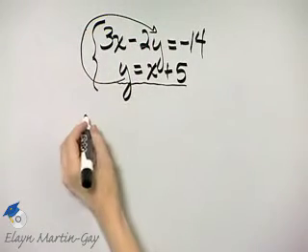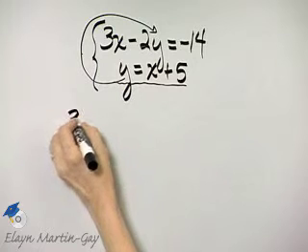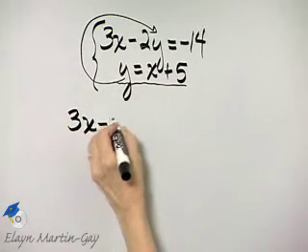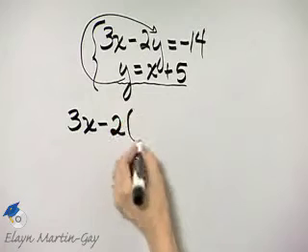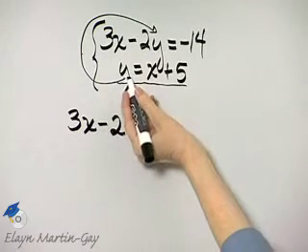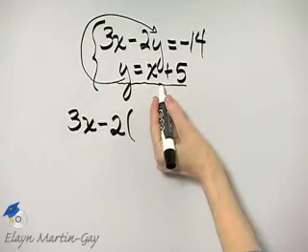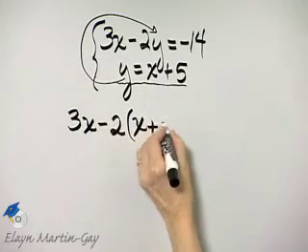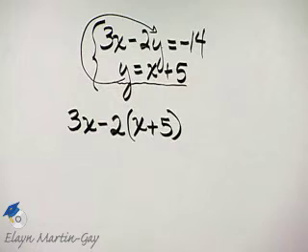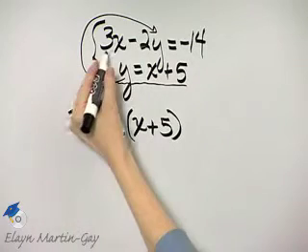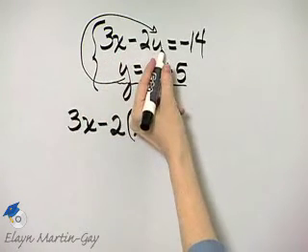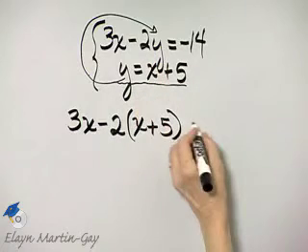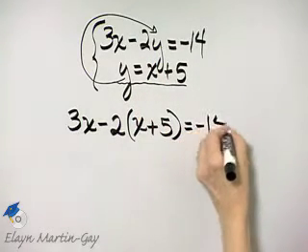So I'll rewrite the other equation, 3x minus 2 times... I will not write down y. Instead of y, I'll write down x plus 5, because we're given here that y is equal to x plus 5. So 3x minus 2 times (x plus 5) is equal to negative 14.